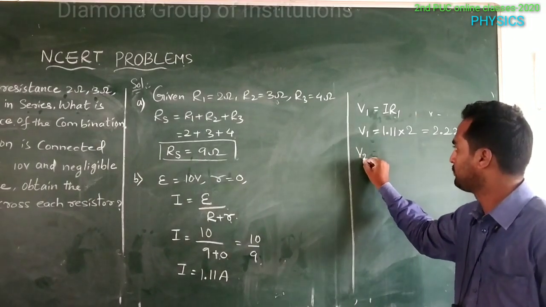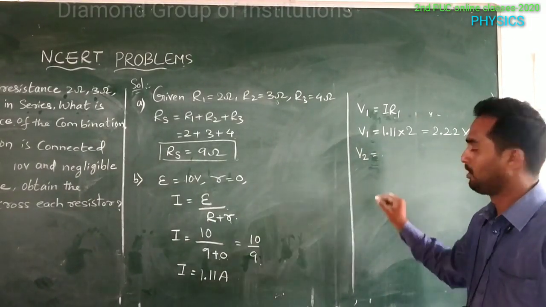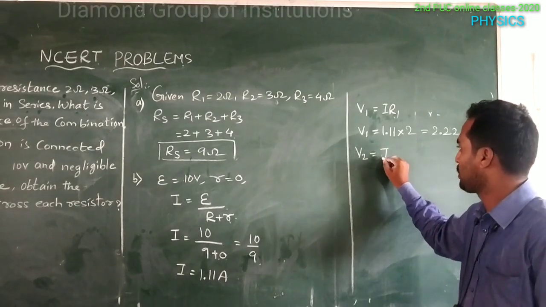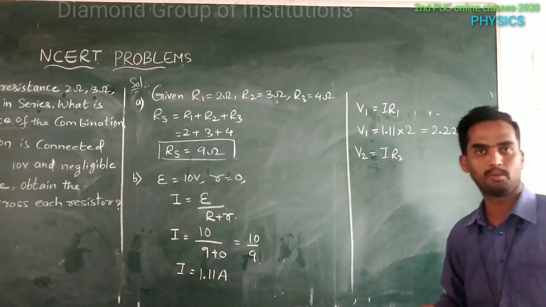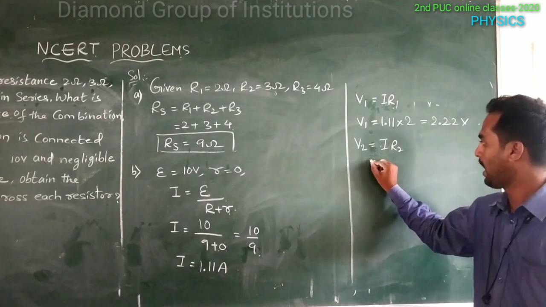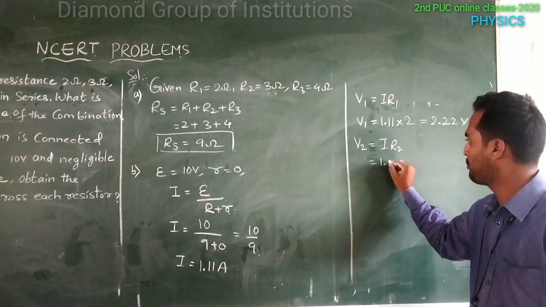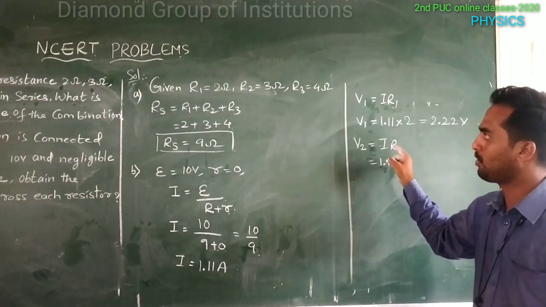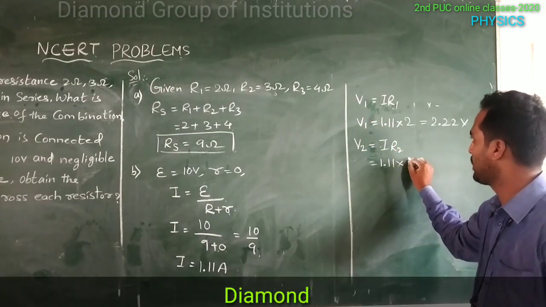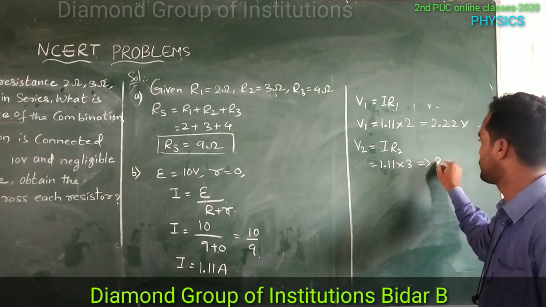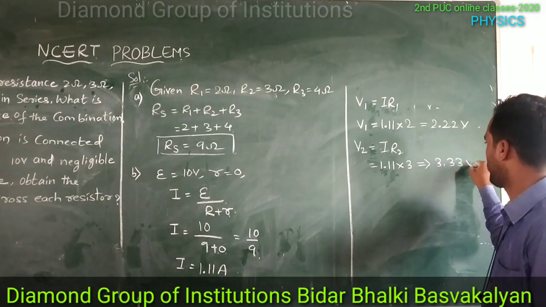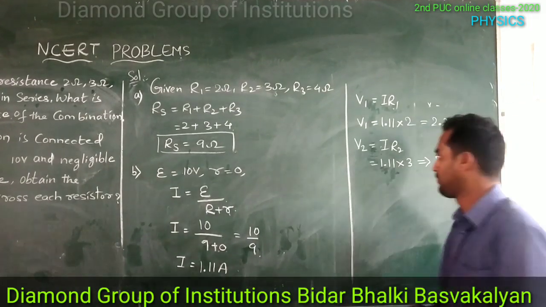Next, V2 equal to I into R2. Again, I value is 1.11 into the second resistance value 3, which is 3.33 volts.